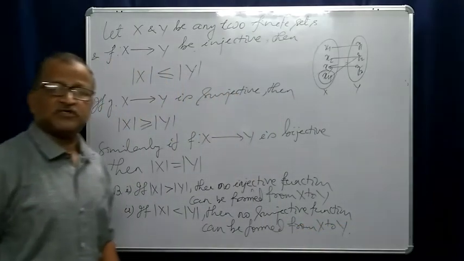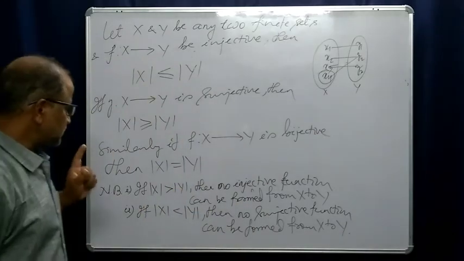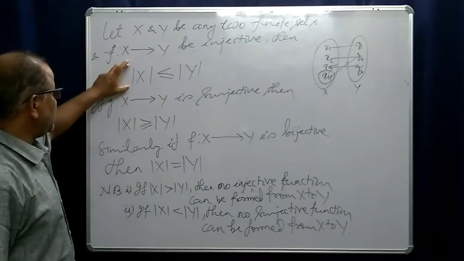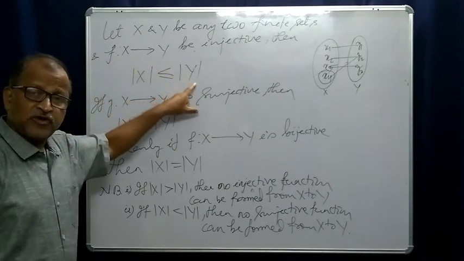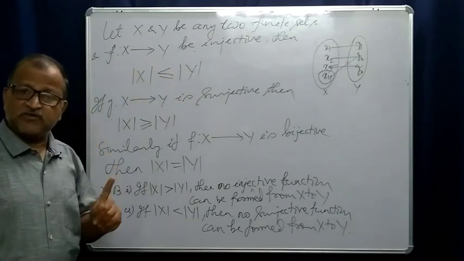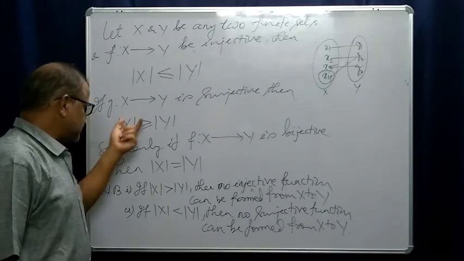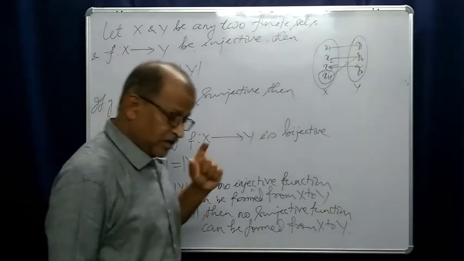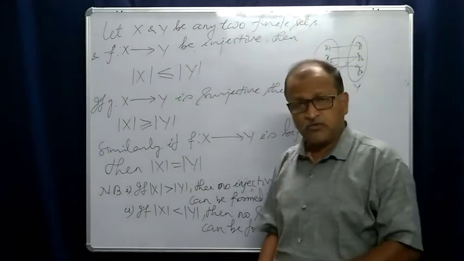No surjective function can be formed from x to y, right? So this is the thing. Please remember, if cardinality of x is less than cardinality of y, then only an injective function from x to y can be formed. If cardinality of x is greater than or equal to cardinality of y, then only a surjective function can be formed from x to y.